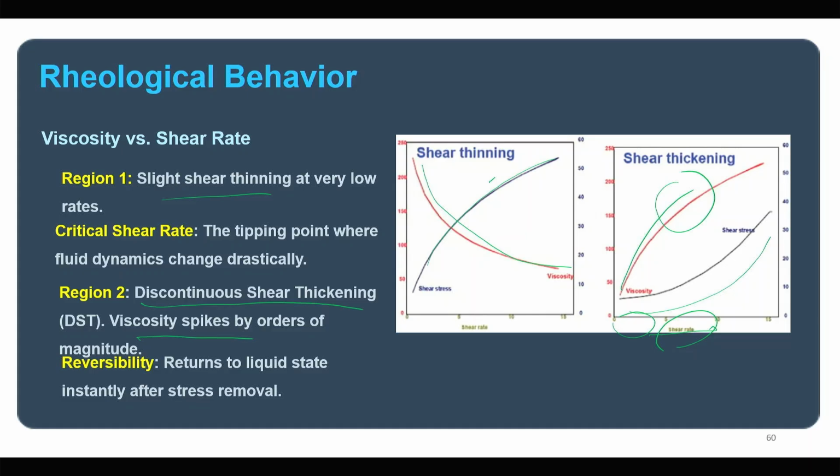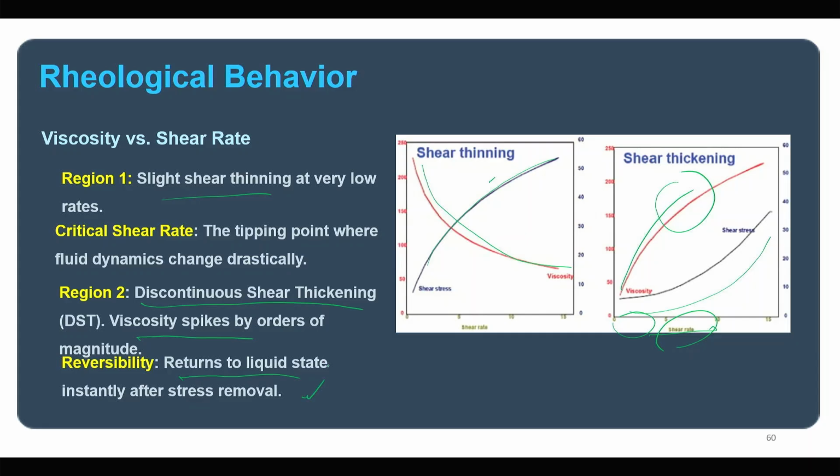And then there is reversibility. When the shear rate reduces after the strike, the material returns to the liquid state instantly after the stress is removed.